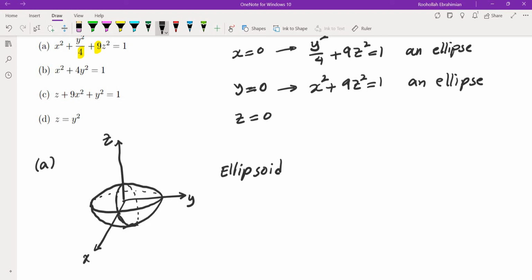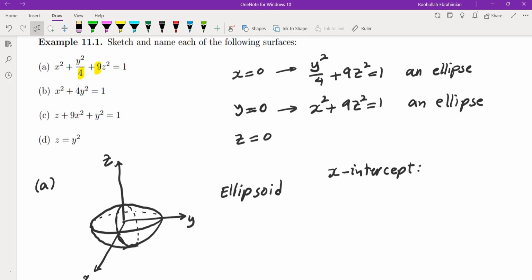We can also find its intercepts. So the x-intercept would be when y and z are both 0. So that gives us plus or minus 1. So the points that intersect the x-axis are going to be plus 1 and minus 1 on the two sides of the x-axis. If we look at the y-intercepts, those are going to be when x and z are 0, we would get plus or minus 2.